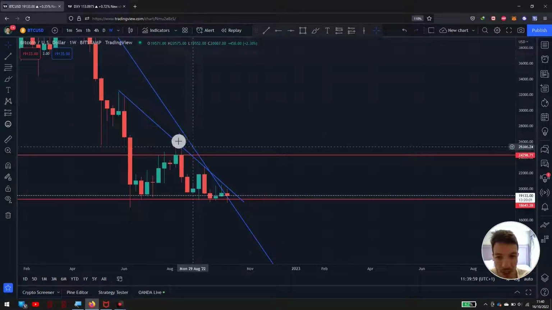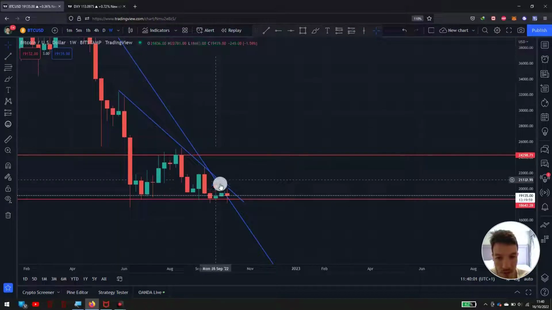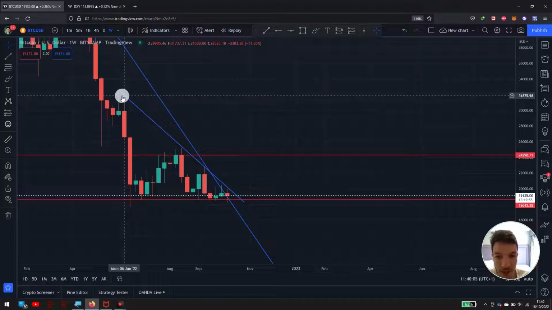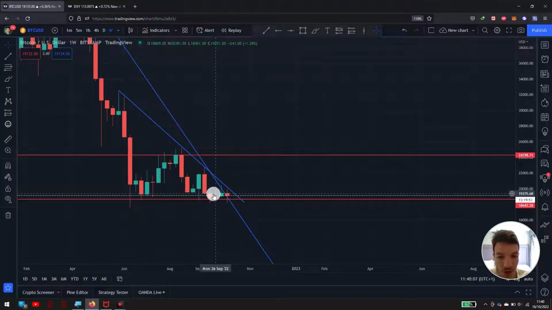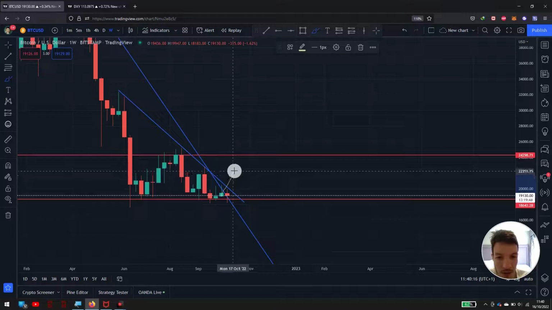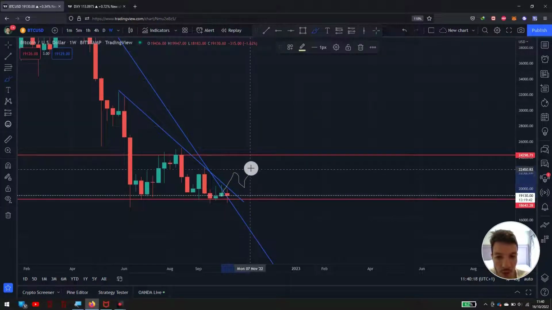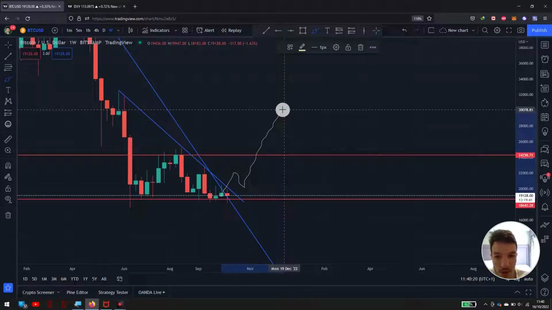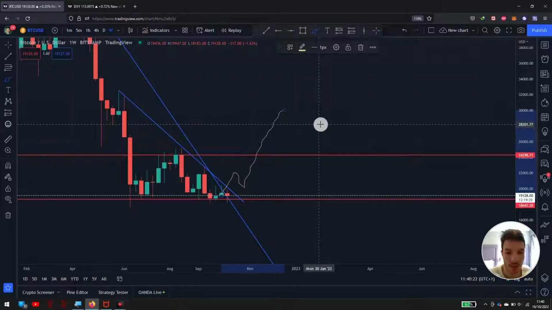Usually when we have a trend line break like this one, and again this is on the weekly basis, it goes up to 80-90% of the trend line, which means that once we have a breakout here, we have a pullback and then we go back up somewhere around here. But that is not always the case.